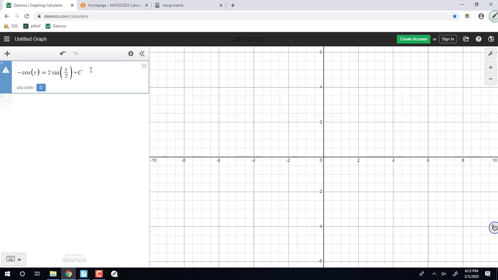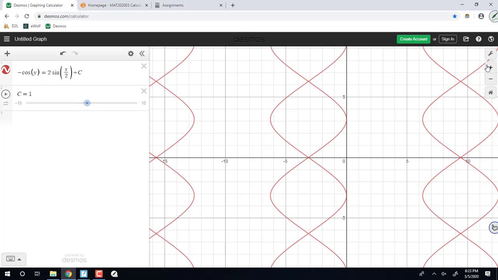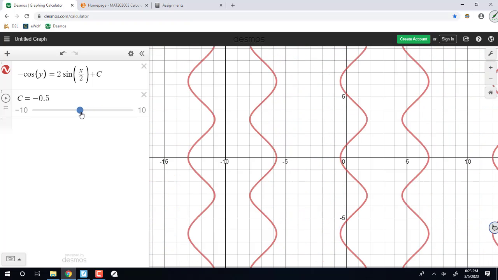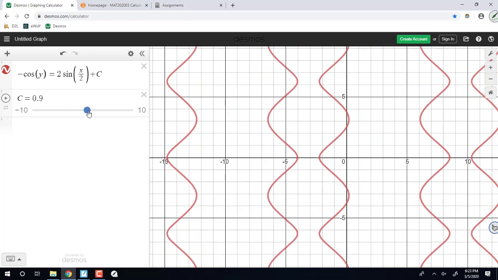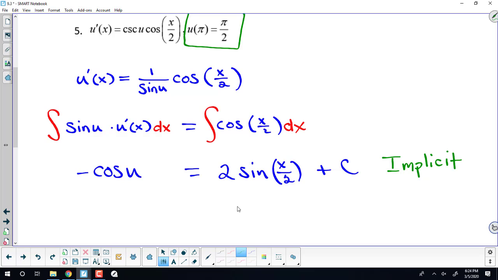Depending on what our constant is, we have different solutions. So as we change that constant, we've got to figure out what our constant is. We'll figure out what our constant is from the implicit solution as well.